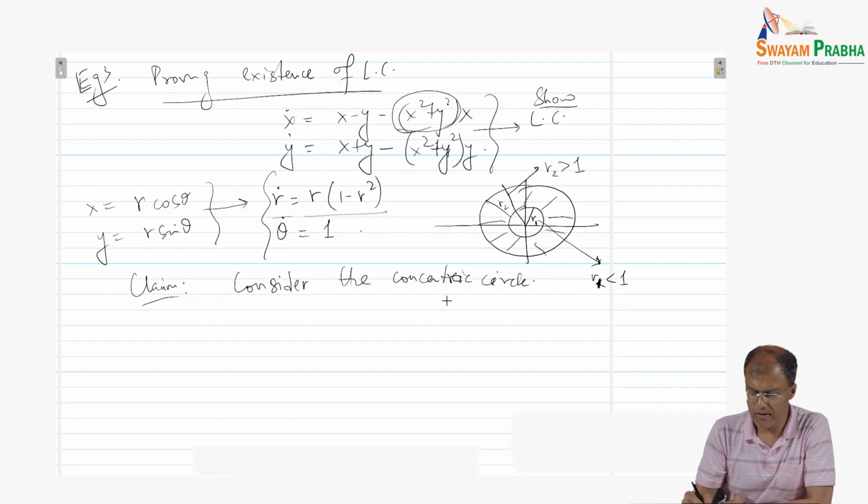So this is my concentric circular region, which lies between r1 and r2.